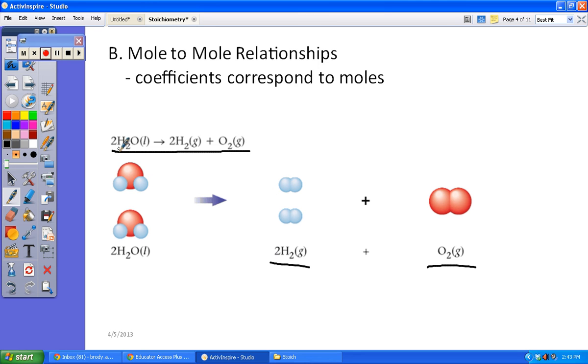We have 2 water molecules, 2 hydrogen molecules, and 1 oxygen. In a beaker that has water floating around, the ratio will always be the same. You will have 2 parts of water, and you will get 2 parts of hydrogen and 1 part of oxygen.